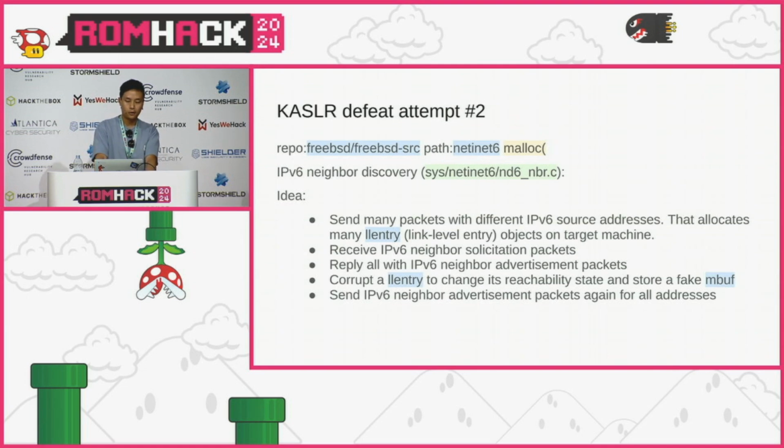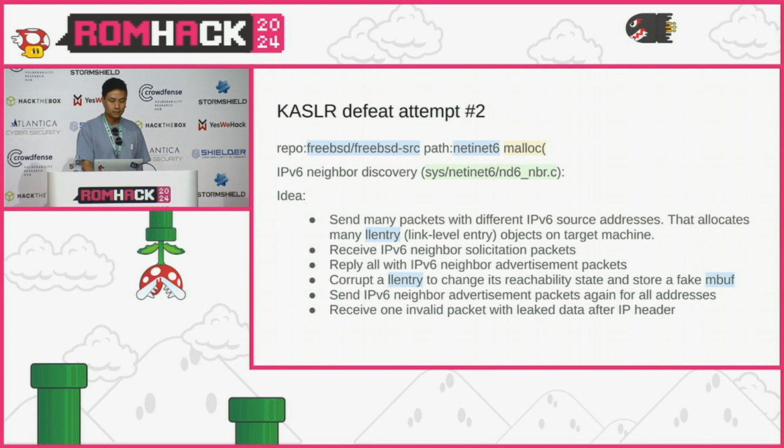For none of them should we get a reply, because they are already in the reachable state. But for the one LL entry where we changed the reachability state, we should expect something else: an invalid packet that contains leaked data after the IP header.